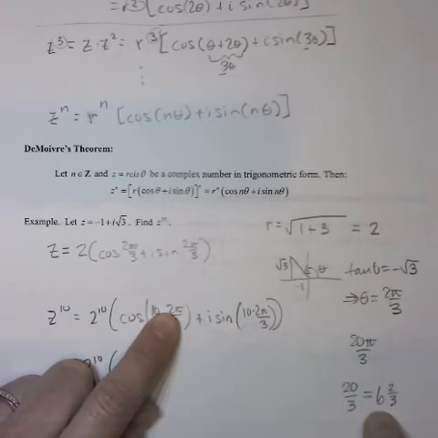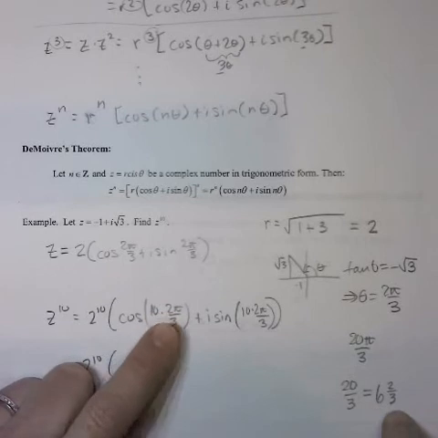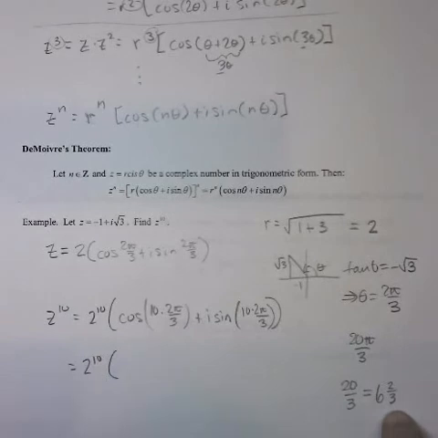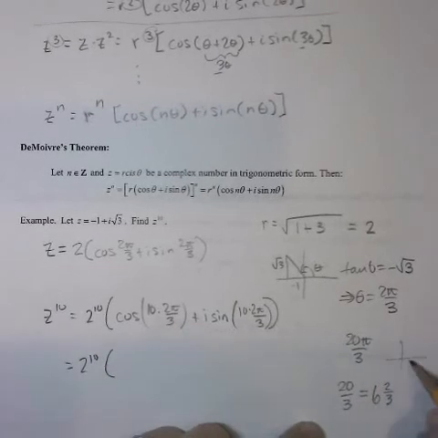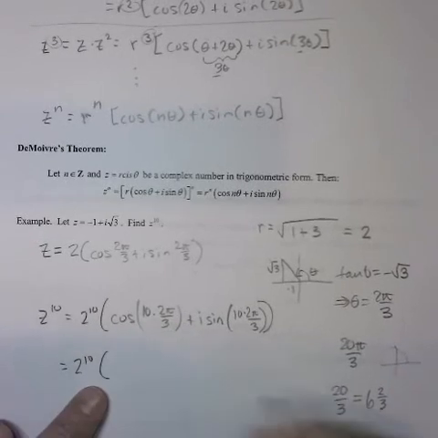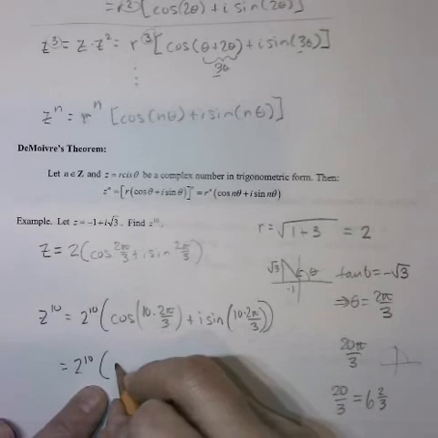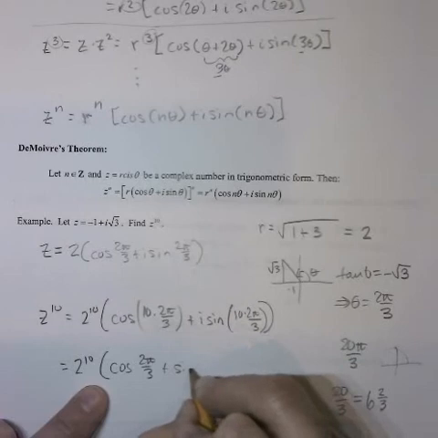So we'd have 3 complete rotations. So this is actually coterminal to 2 pi over 3, the extra 2/3, right? We'd go around 1, 2, 3 times, and then 2/3 of the way. So I'm just going to change this to 2 pi over 3. Oops, forgot my i.